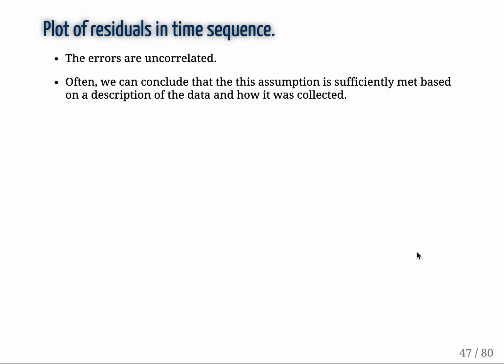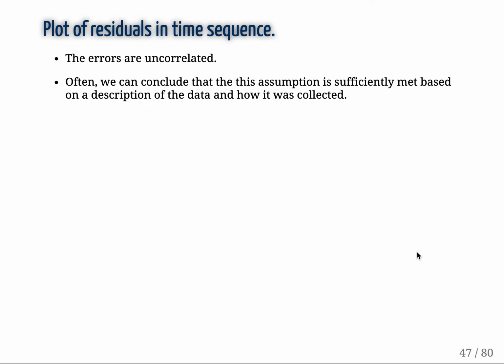So when you fit a regression model, sales versus year, you need to plot the residuals of that fit on the y-axis and time order on the x-axis. It's like a time series plot of residuals. If you observe a pattern, then you can say the errors are correlated. If there's no pattern, or if the points are random, then you can say the errors are uncorrelated.